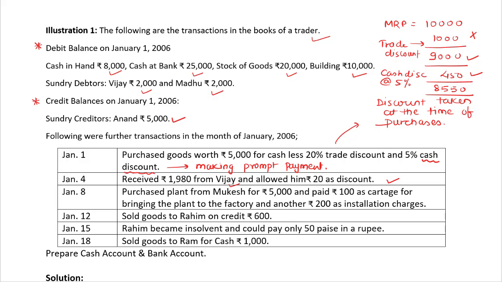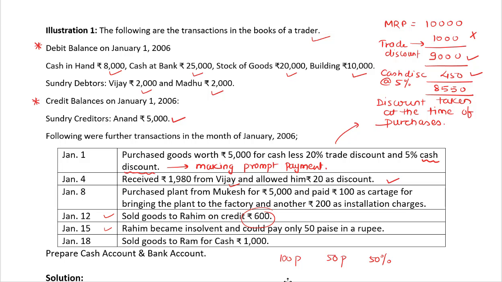Sold goods to Rahim on credit. January 12, sold goods to Rahim on credit, 600. Fine. January 15, Rahim became insolvent and could pay only 50 paisa in a rupee. In a rupee there are 100 paisa. He paid 50 paisa, that means he paid 50%. We need to receive 600 from Rahim, so he will pay 50% of 600, that is 300.